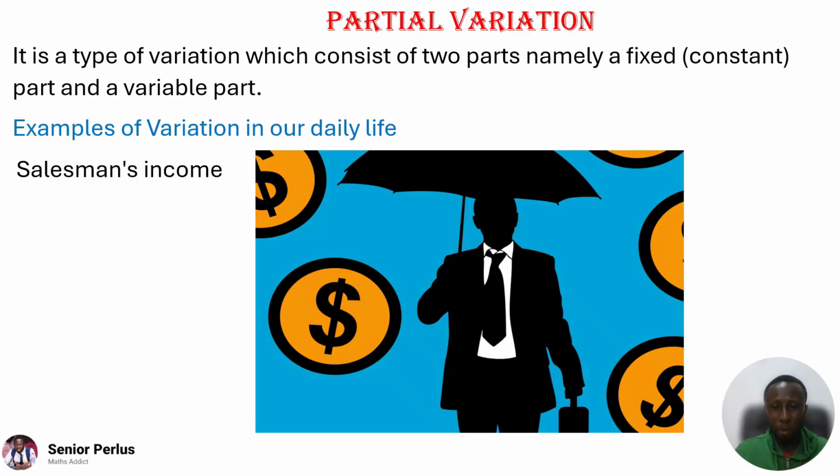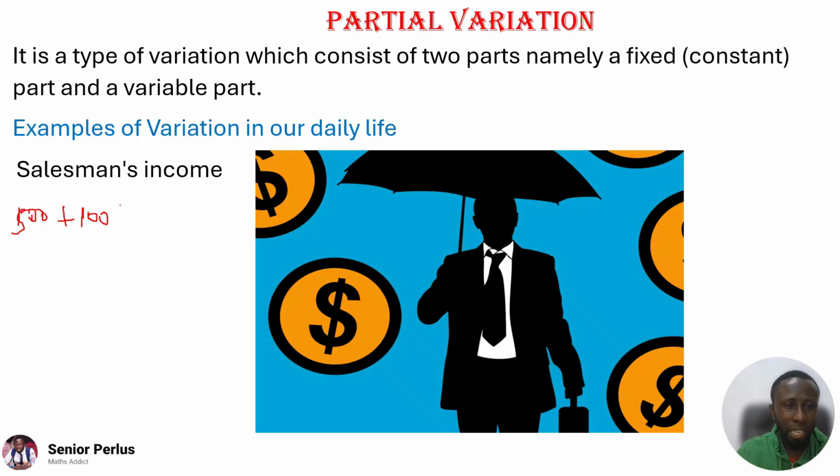Let me do some sketches here. They pick you and say they are paying you 500 Ghana cedis a month, plus go out and convince people. If you get one person, that is 100 Ghana cedis.